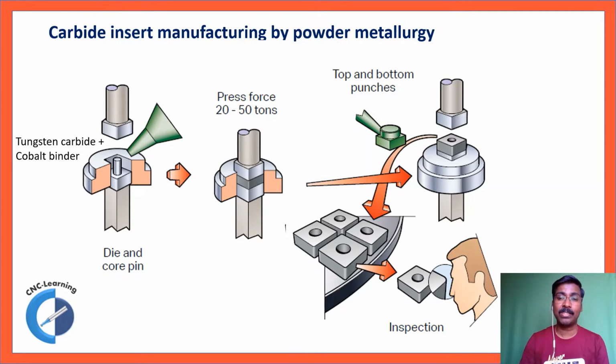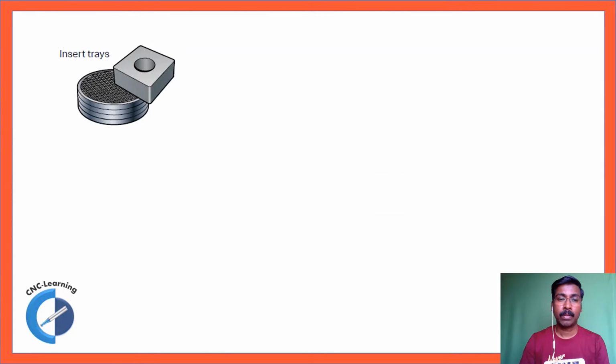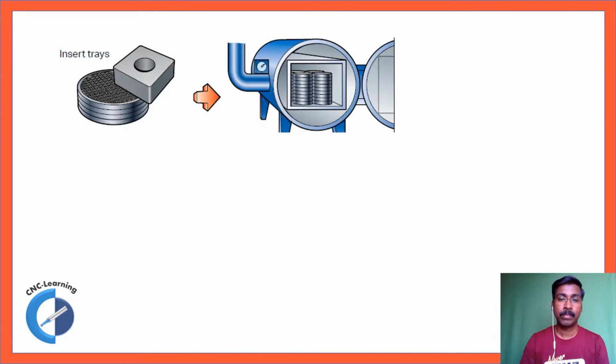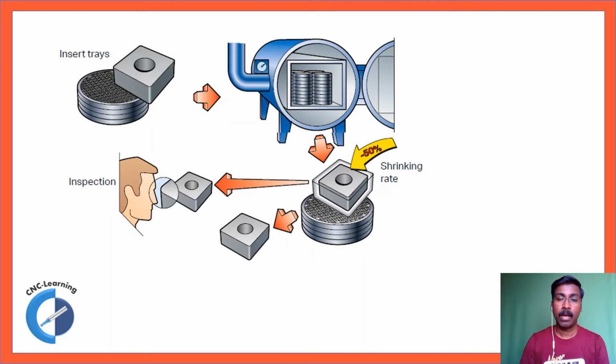The shape of the insert is formed, but that insert will not have any hardness. This will be inspected, then put in insert trays and then put in a baking oven, and finally you get the insert that you actually use.